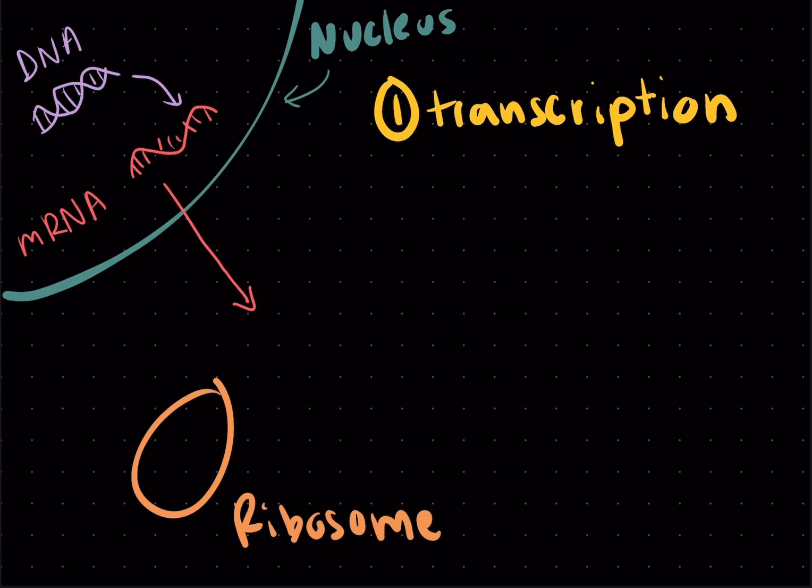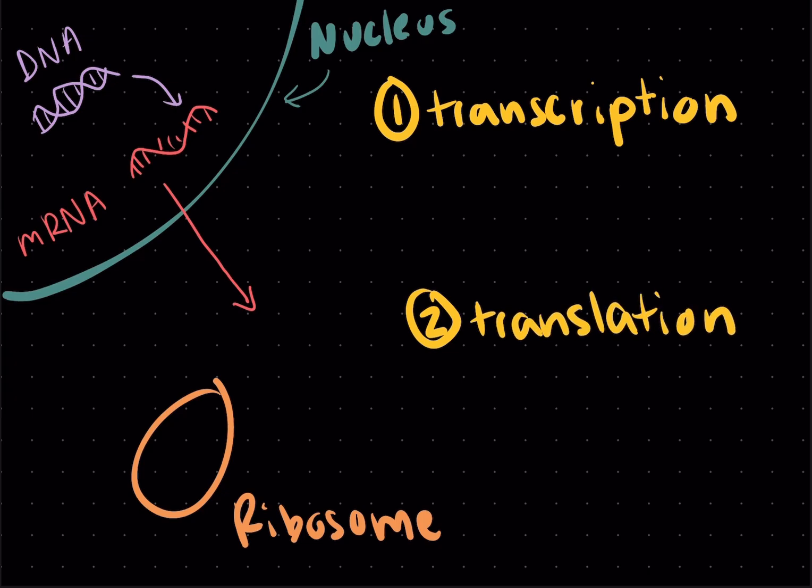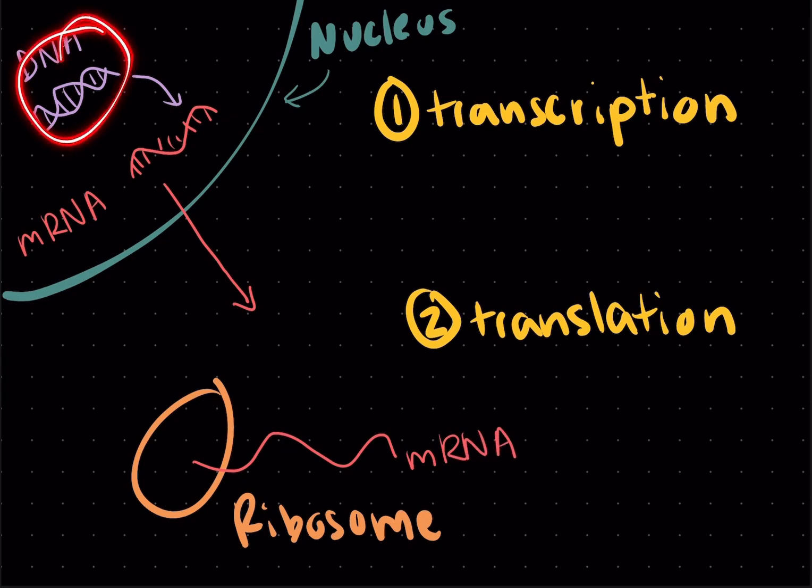And this is where step two of protein synthesis happens. Step two is called translation. And this step involves, of course, our mRNA, which is now going to be our instructions because it copied the instructions from the DNA, remember?